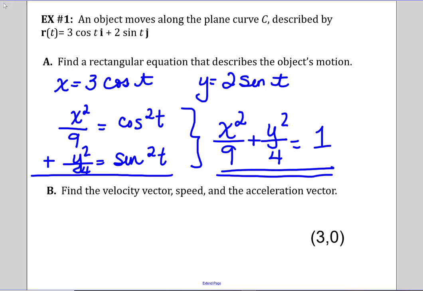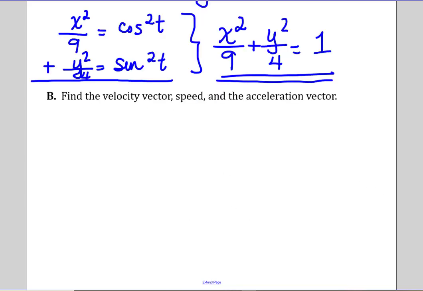In part B, we want to find the velocity vector, speed, and the acceleration vector. So the velocity vector, v of t, is r prime of t.